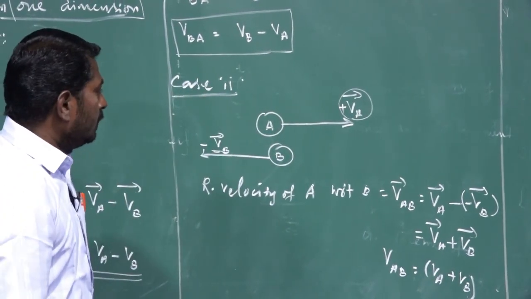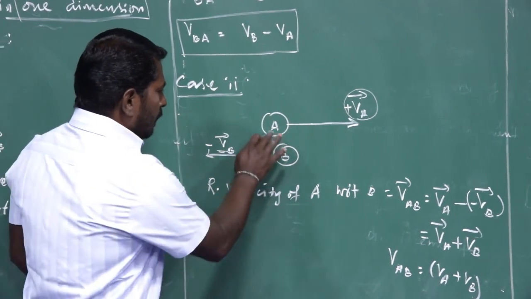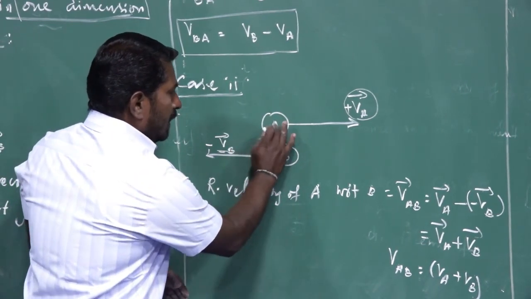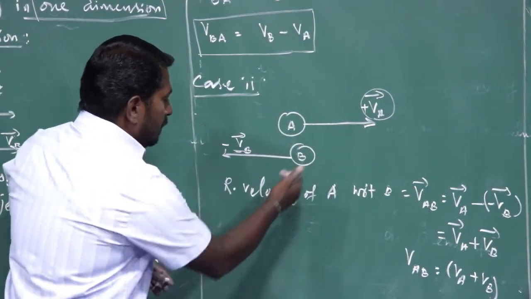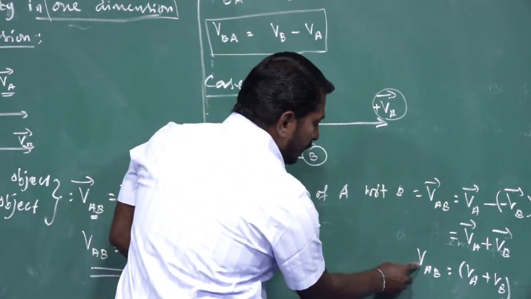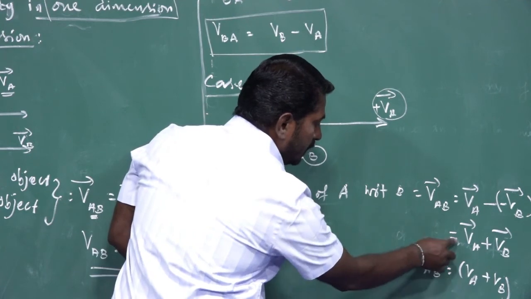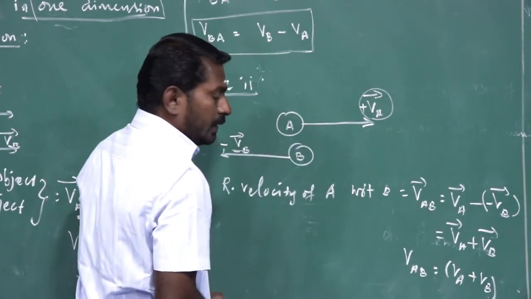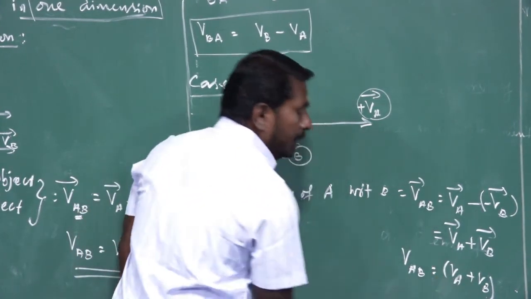Next one, A object traveling towards the positive x-axis, B object traveling towards the negative x-axis, relative velocity of A object with respect to B object is equal to VA vector plus VB vector. Magnitude wise, VA plus VB.